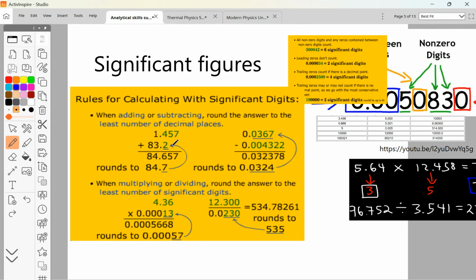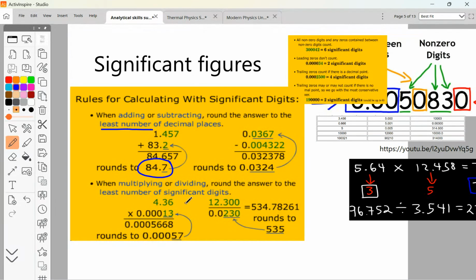If this was a piece of apparatus, remember it's guided by our apparatus. There's nothing here that I could read. So when I give my answer, I need to give it to the same number of decimal places as the least number of decimal places, because we're adding the same thing, kilograms adding to kilograms. Remember, you can't add apples to bananas. So it's always going to be the same unit that you're adding. Make sure that they are the same unit.